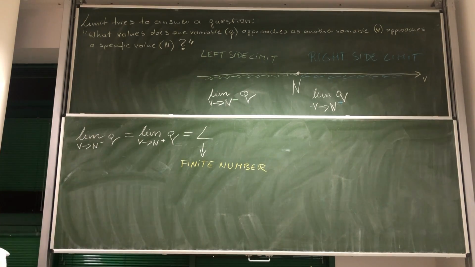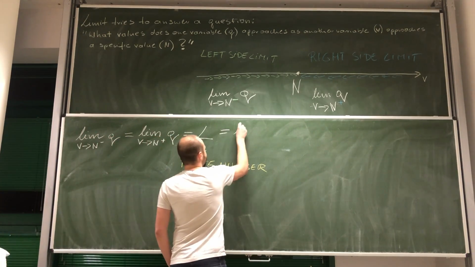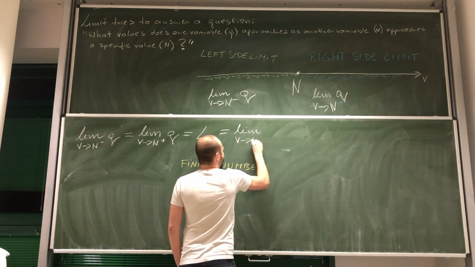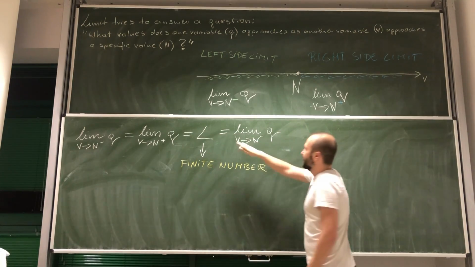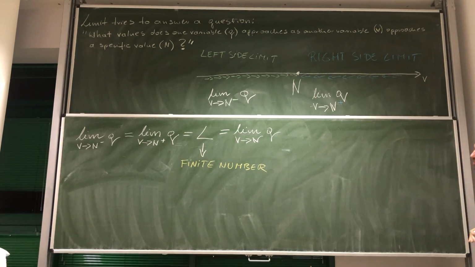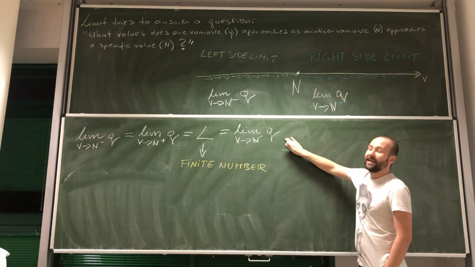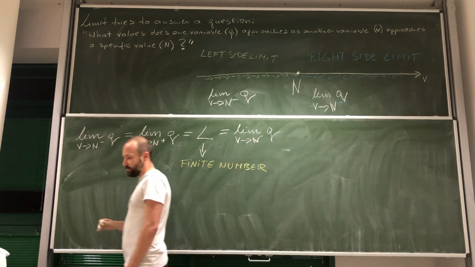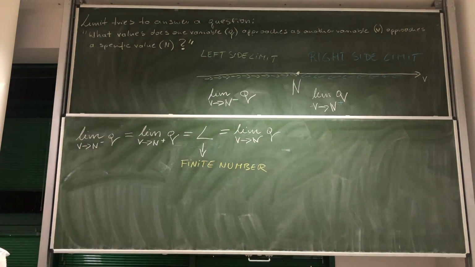We are getting some value, and in this case, we can say that the limit with v approaching n exists, and it is equal to the finite number we've been talking about.